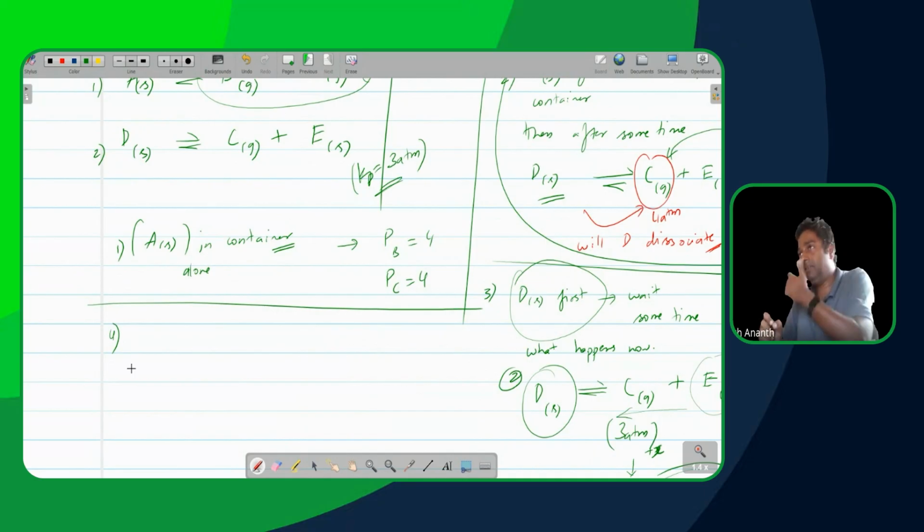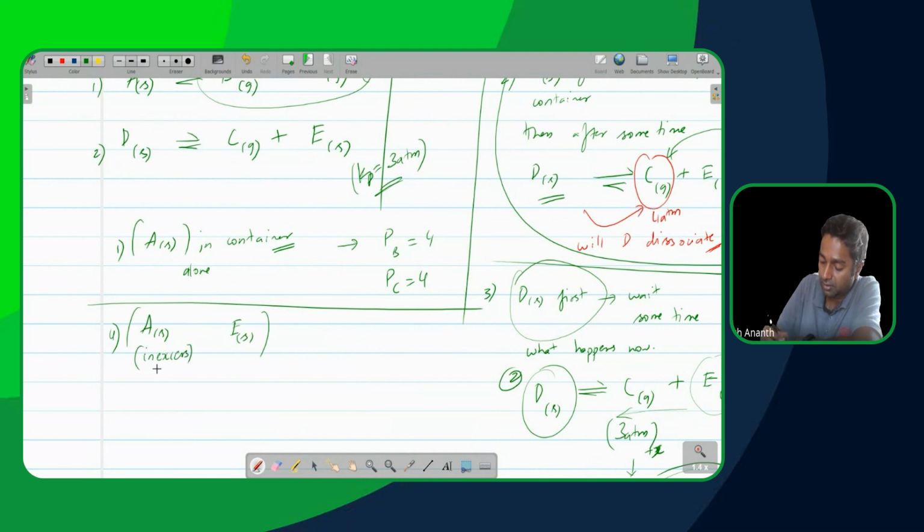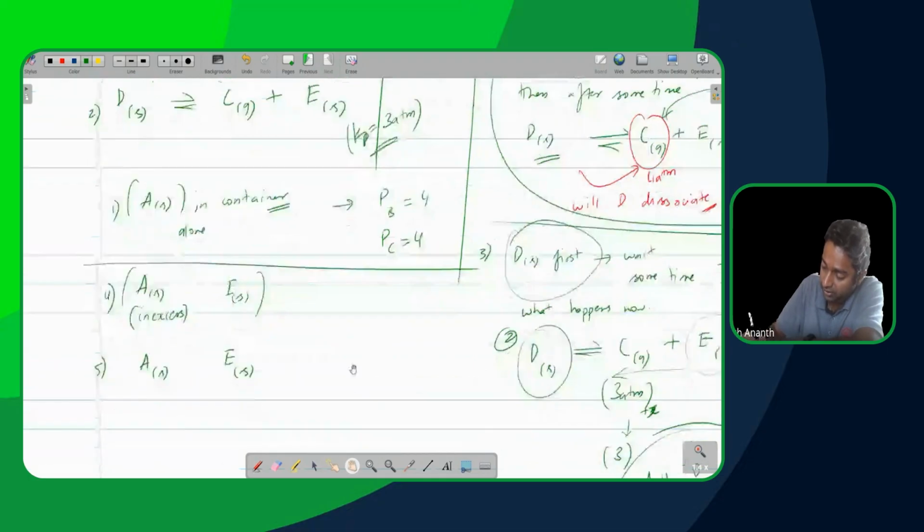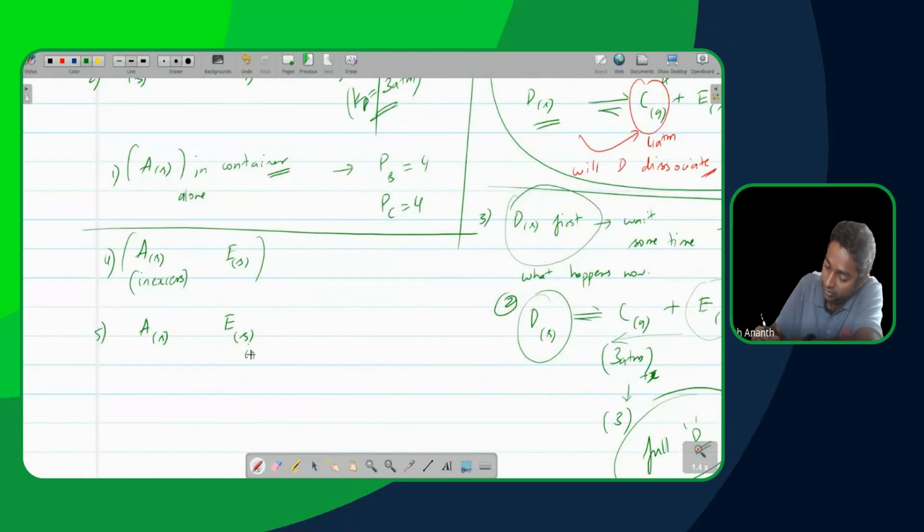Let's say I'm having A solid and E solid, and A solid is in excess. Let me make another case here: A solid, E solid. Let's say E solid is in excess.